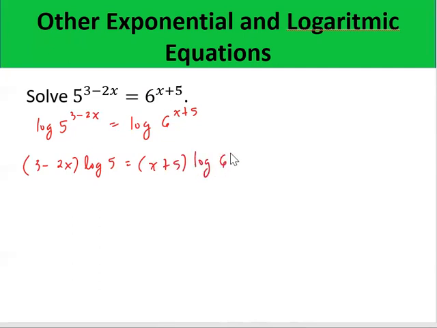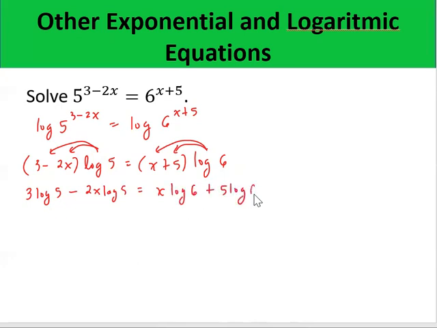And then distributing the logarithms to the terms inside the groupings, we get 3 logarithm of 5 minus 2x logarithm of 5 is equal to x times the logarithm of 6 plus 5 times the logarithm of 6. And then we group all the terms that contain x.